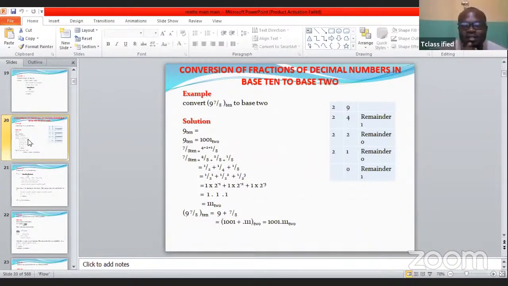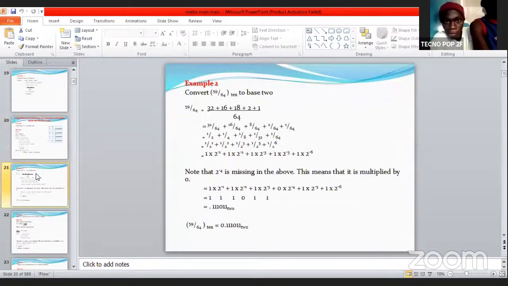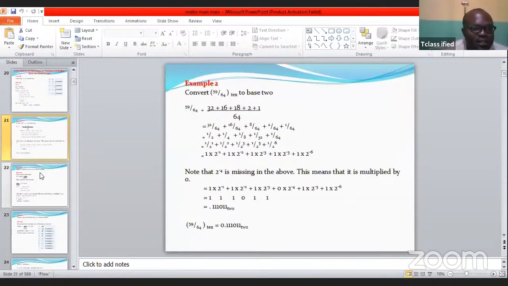How do you convert fractions? Most of these don't come out. Okay, let me just scroll down. Make sure that we're doing.